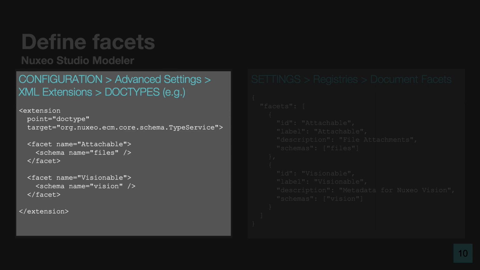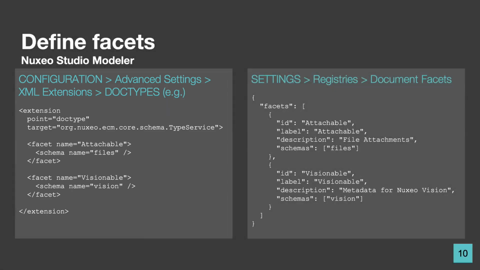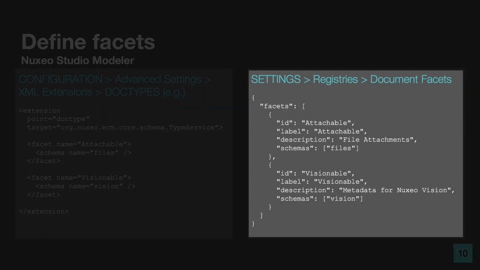So we will display these for picture images in a subsequent configuration, but we'll define the facet here. And the second one is the visionable facet, where we're just linking that to the Vision schema, which we've just defined. We also need to load these into the Studio registries. So we define some JSON configuration, which links the ID of these facets with the schemas in the JSON syntax there.